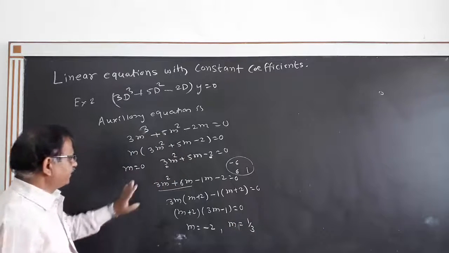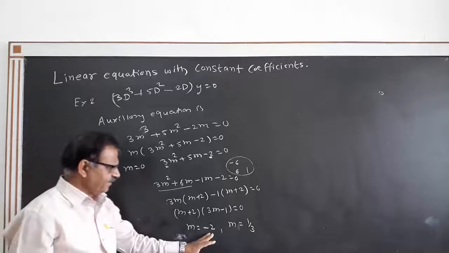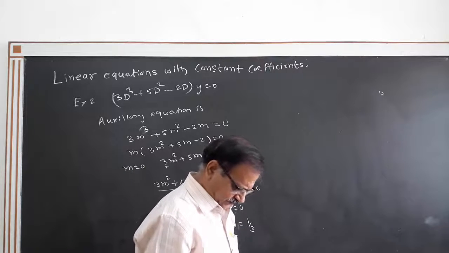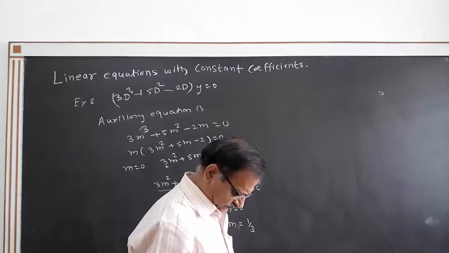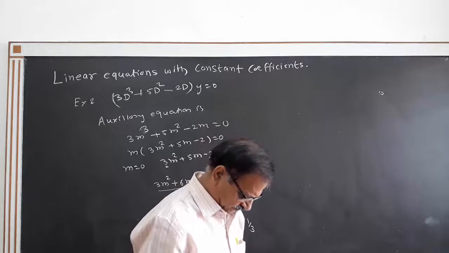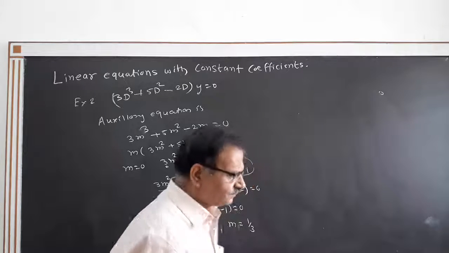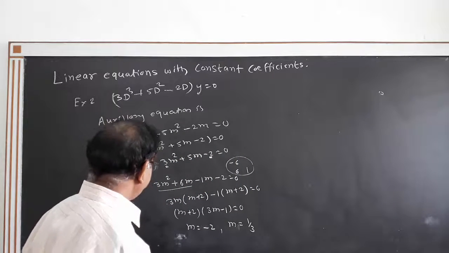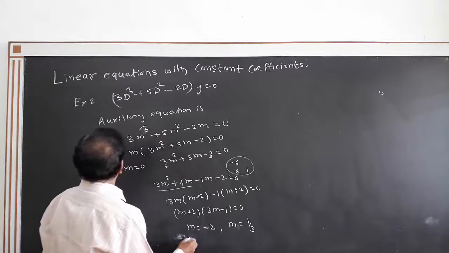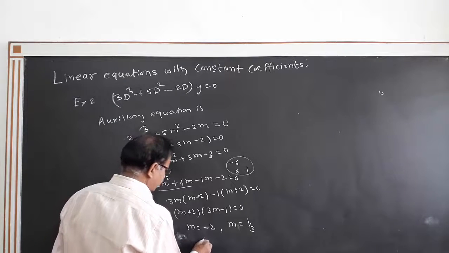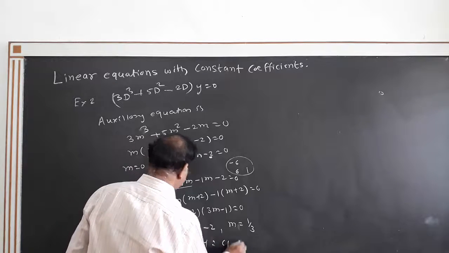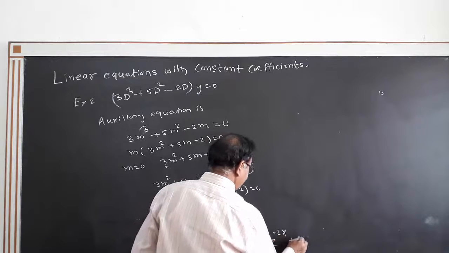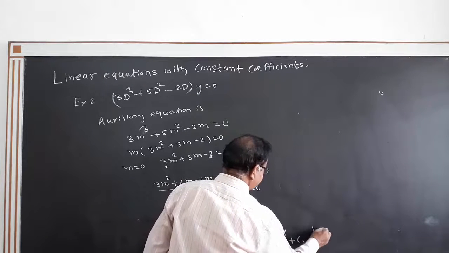Thus we get 3 roots: m equal to 0, m equal to minus 2, m equal to 1 by 3. Thus the general solution is y equal to c1 e raised to 0x plus c2 e raised to minus 2x plus c3 e raised to 1 by 3x.